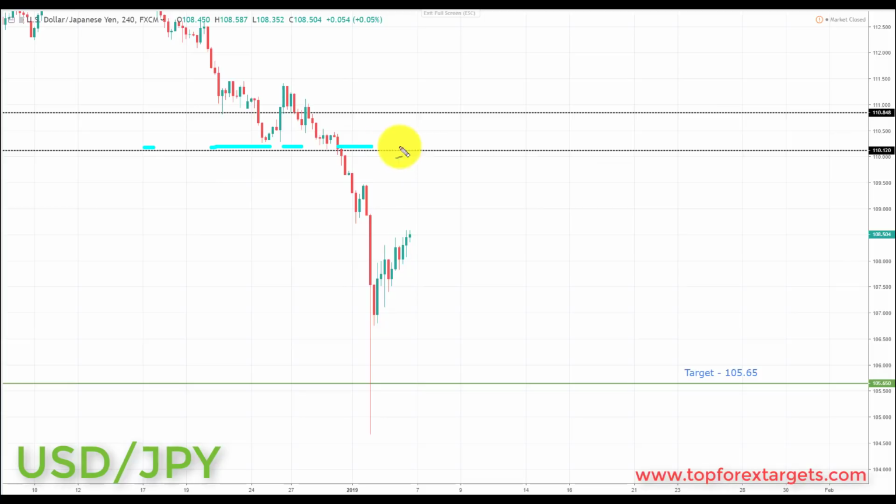So if we can get a pullback, and preferably a retest of broken support turning resistance, you see we're starting to form this bear flag to the downside. If we can get a pullback, preferably a retest of the 110.120, this is going to be a place we're going to start to look for bearish formations and patterns. And we're going to be looking at initiating shorts down towards the next key area of support to the downside, and the target set of the 105.65.